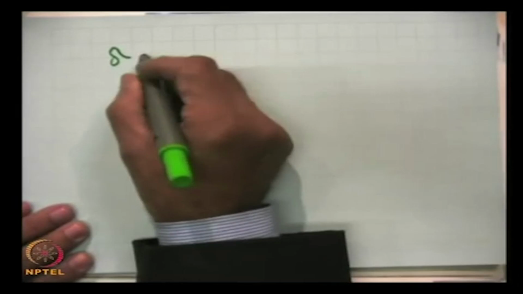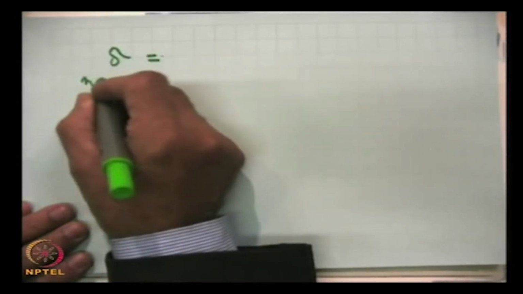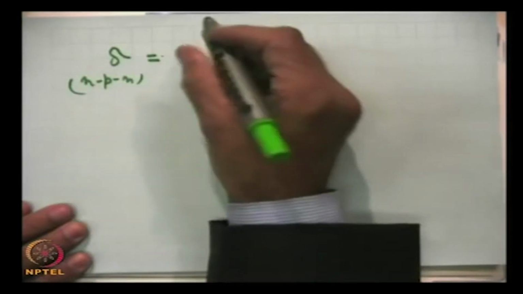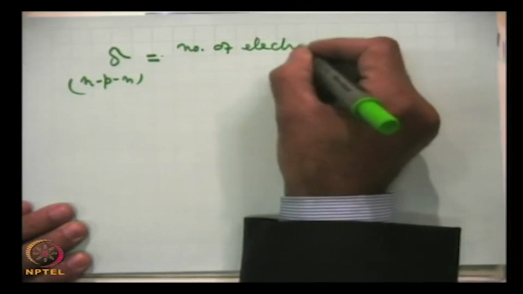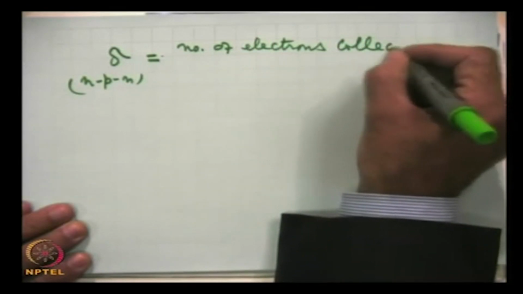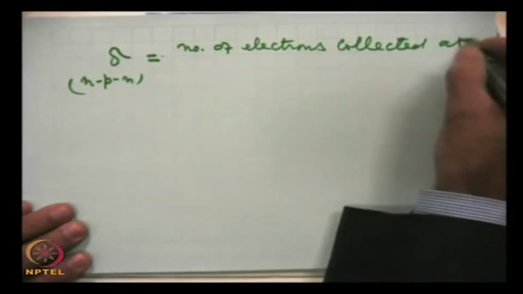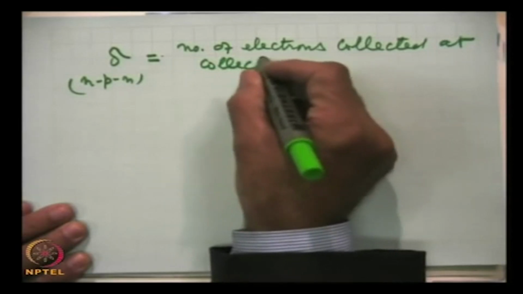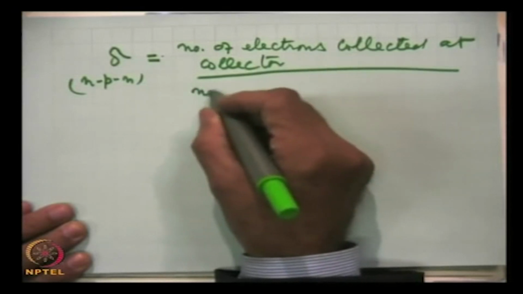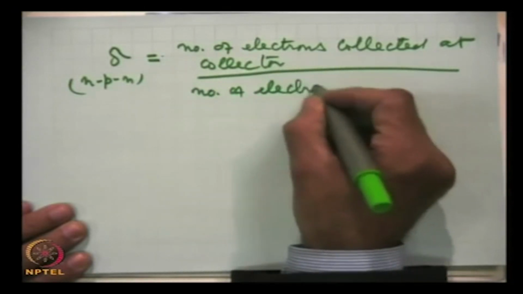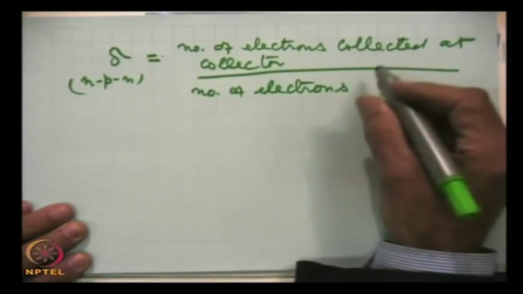The third is the collector efficiency delta. Collector efficiency delta, this is again for an NPN transistor, is the number of electrons collected at the collector divided by the number of electrons arriving at the collector.